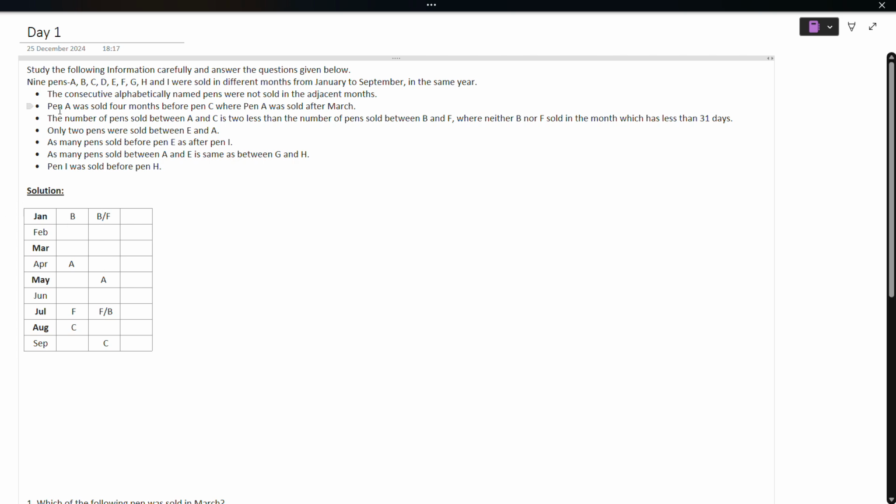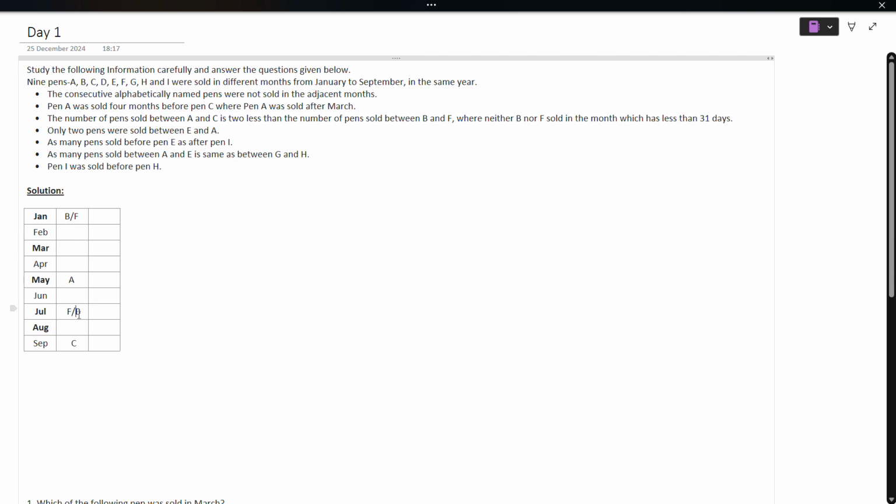Okay, let's go to the next condition, which says only 2 pens were sold between E and A. That means E can be either here or here. Since the space is already filled, this combination is not possible, hence we can delete this.